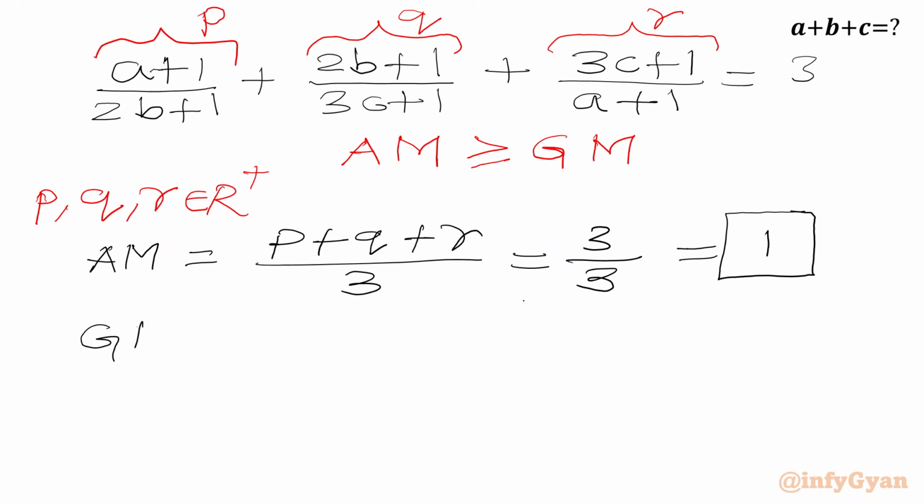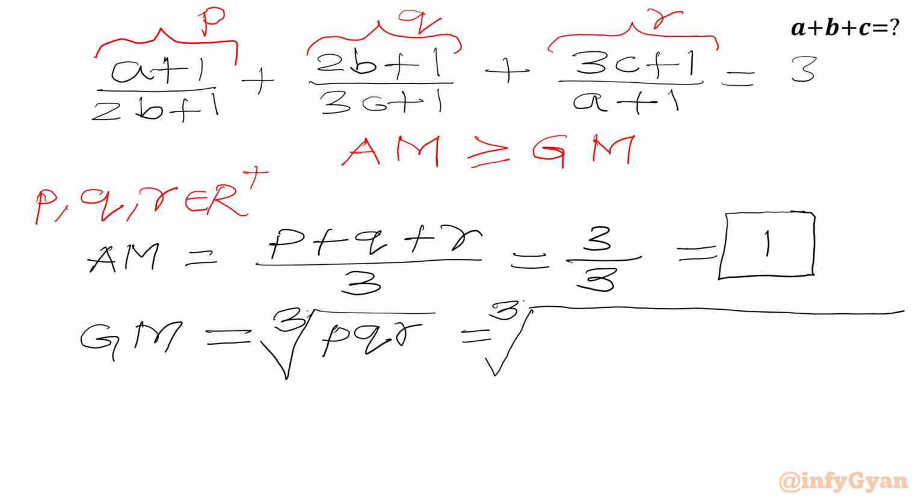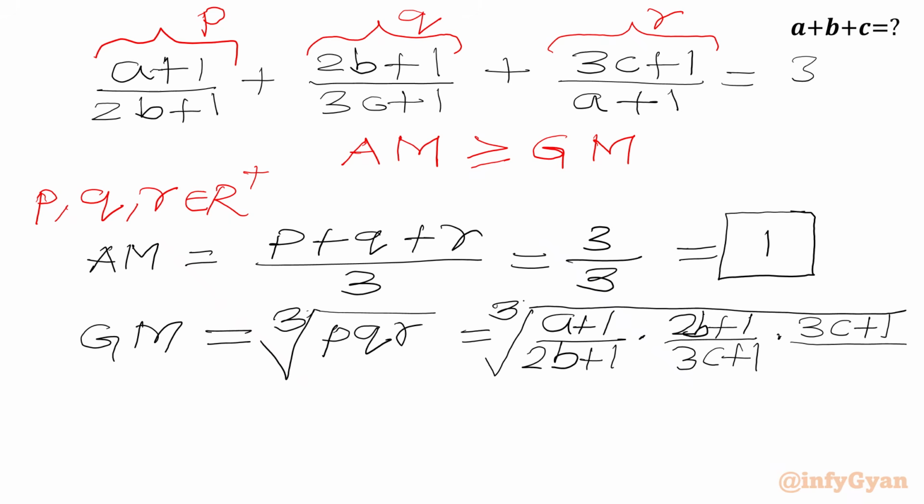Now we can find the geometric mean also, which will be equal to the cube root of P times Q times R. Let's write all the values of P, Q and R over here. P is a plus 1 over 2b plus 1, times Q is 2b plus 1 over 3c plus 1, times R is 3c plus 1 over a plus 1.